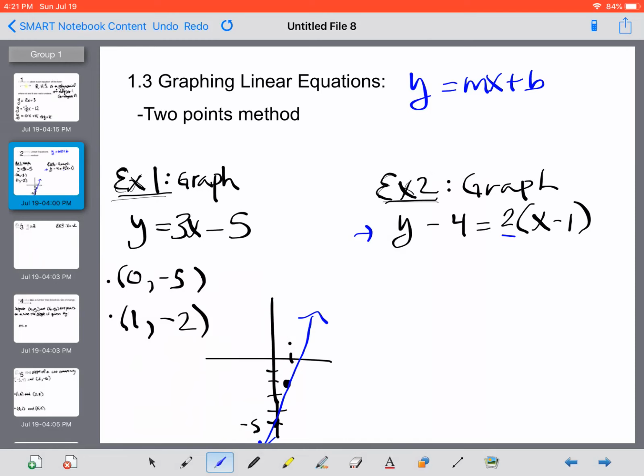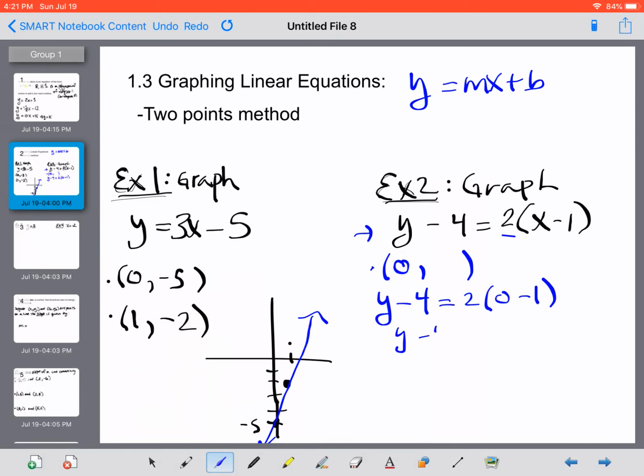We don't even really need to do that, though, if we're trying to graph this, because we're just trying to find 2 points on the line, and we can do that even without rewriting this in y equals mx plus b form. To do this, pick an x value. Let's say we want to find first the y-intercept, so plug in x equals 0. We get y minus 4 equals 2 times 0 minus 1.